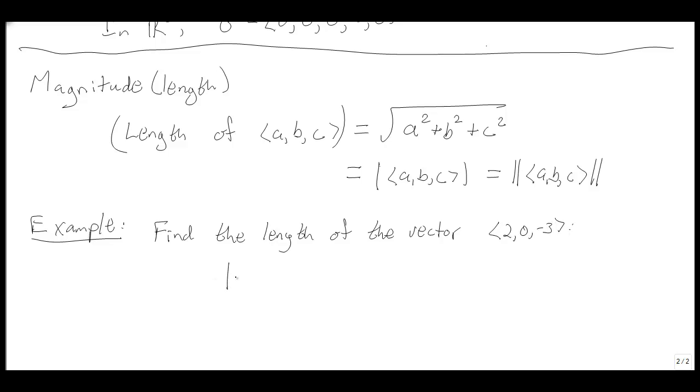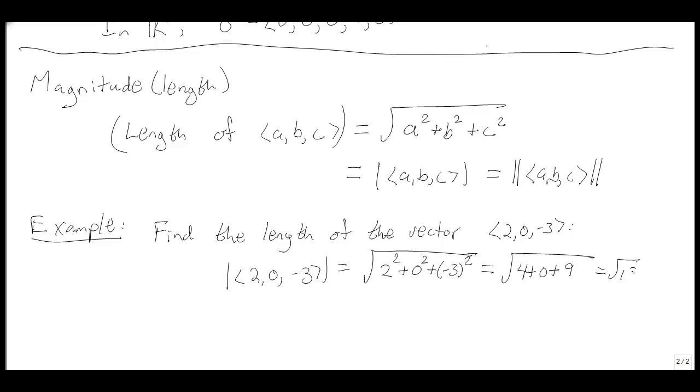And what you get is the magnitude of (2, 0, -3). So that's just square root of 2 squared plus 0 squared plus -3 squared. Don't really need the negative because when you square it, it's going to go away. And that gives you 4 plus 0 plus 9. We just end up with square root of 13 as our length.